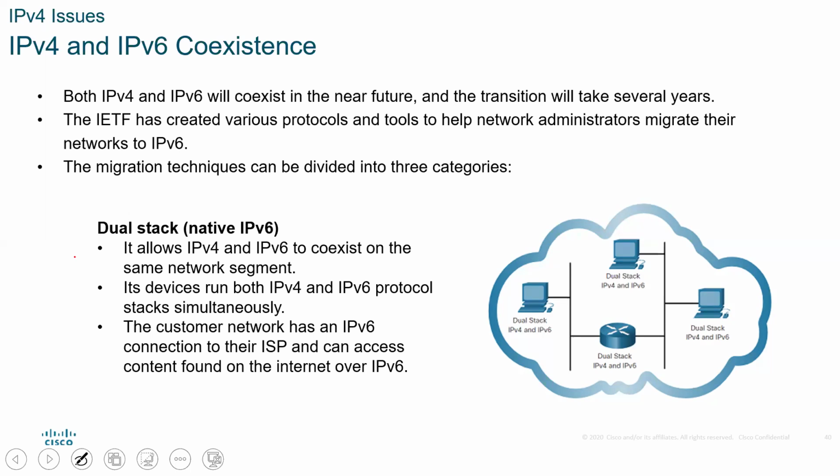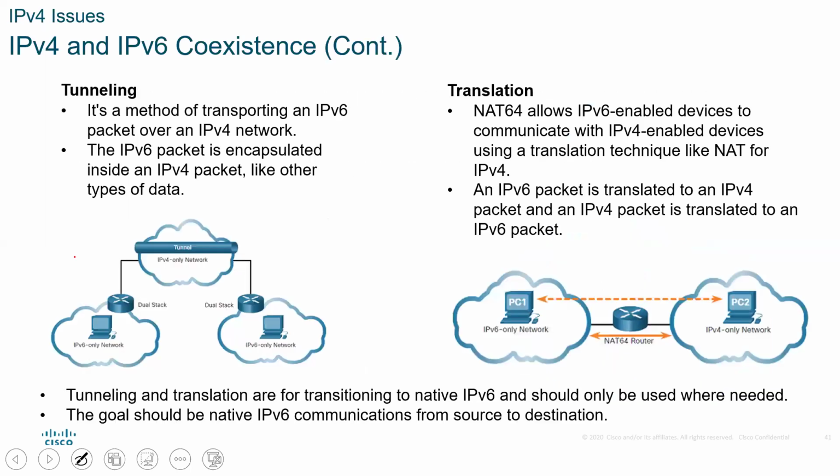Some will even get both. All right. So devices run both IPv4 and version 6 simultaneously, and the customer network has an version 6 connection to their ISPs and can access content found on the internet over IPv6. If they have both version 4 and version 6, they will use version 4 to talk to each other locally, and then they will use version 6 to go out. So we call it dual stack.